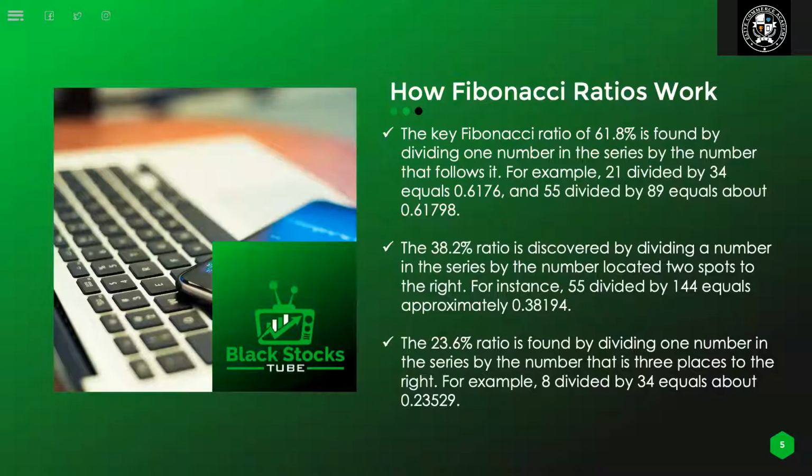For example, 21 divided by 34 equals 0.6176, and 55 divided by 89 equals about 0.61798. Same thing with 38.2, 23.6. Basically, we're looking at the ratios and how they work according to these numbers.